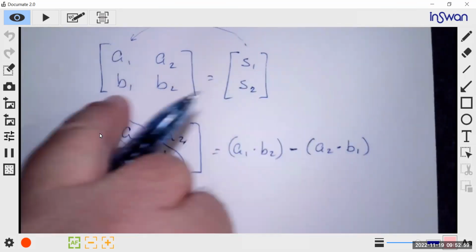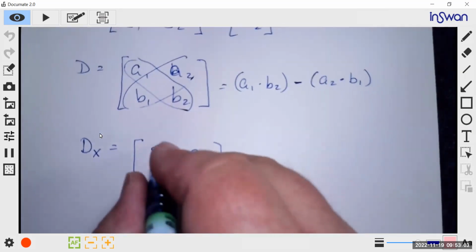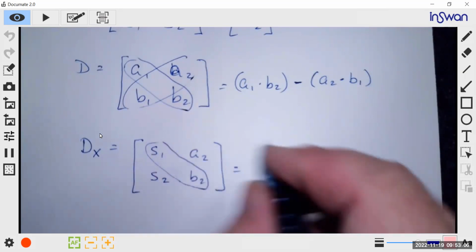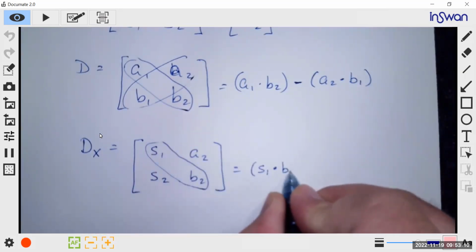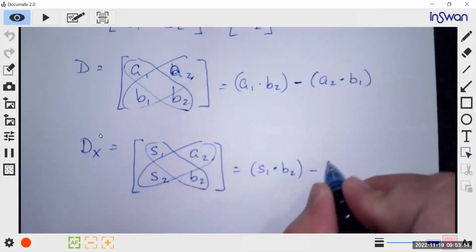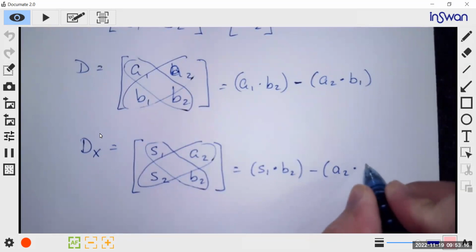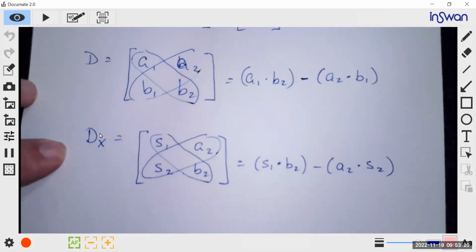So I just took these, cut and paste, put them in there, and leave the second one alone. So it's S1 times B2 minus A2 times S2. That finds you dx.